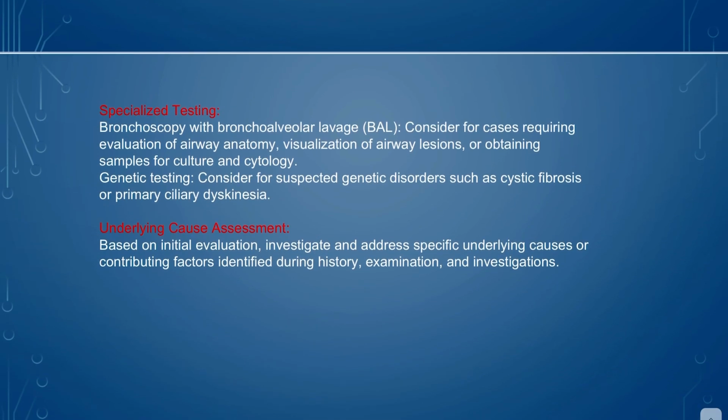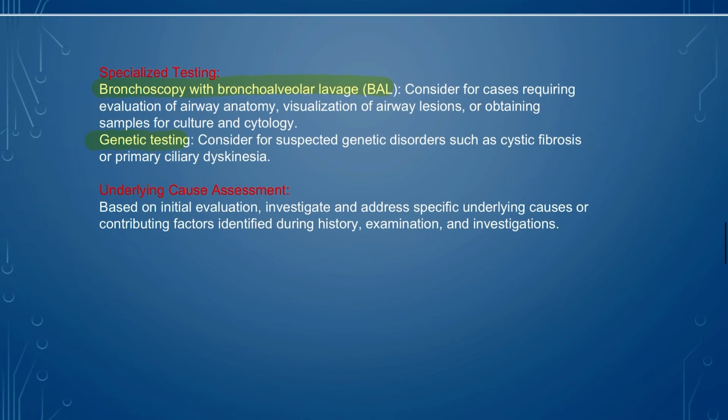Sometimes we need specialized testing like bronchoscopy with bronchial lavage, which is important for evaluation of airway anatomy, visualization of airway lesions, or obtaining samples for culture and cytology. Genetic testing is done if we suspect genetic disorders like cystic fibrosis or primary ciliary dyskinesia, along with underlying cause assessment, as I told you before.